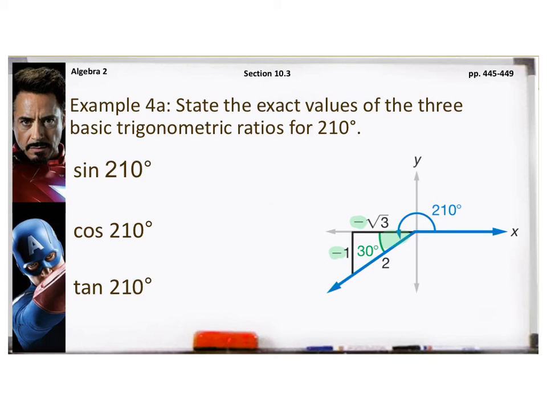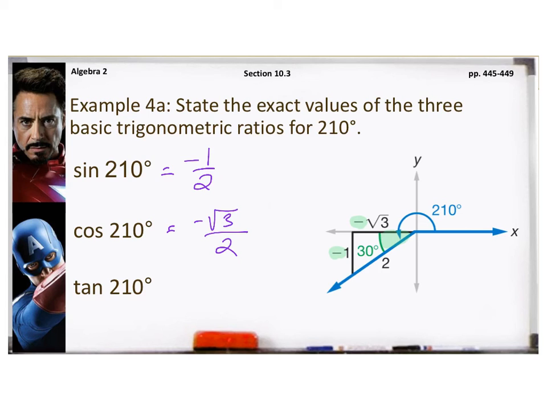All right, now, to state these different values, I know that for a 30-degree angle, the sine is opposite over hypotenuse, so it's going to be -1 over 2, -1/2. For the cosine, it's adjacent, so it's going to be -√3, again, over 2.